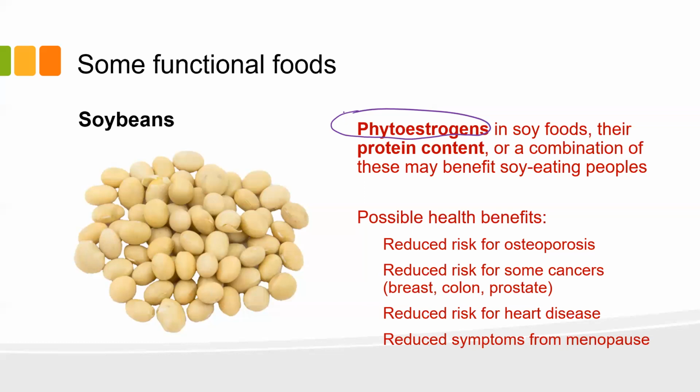And again, these are epidemiological studies, in particular some looking at the diet of certain Asian populations versus Europeans, and they're seeing all of these things, right? Reduced risk of osteoporosis, reduced risk of certain cancers, particularly breast cancer is a big one. Reduced risk for heart disease, reduced symptoms from menopause, that kind of thing.